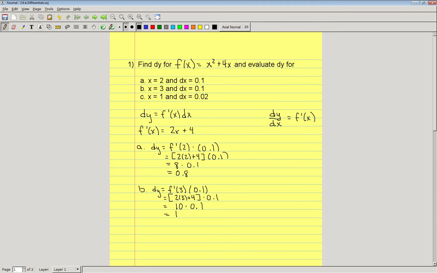And then lastly, for part C, we calculate dy equals f prime of 1 times 0.02. Plugging 1 into our expression for the derivative, we get 2 times 1 plus 4, which is 6, times 0.02, which gives us 0.12.